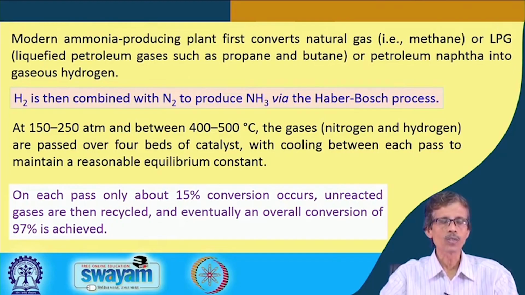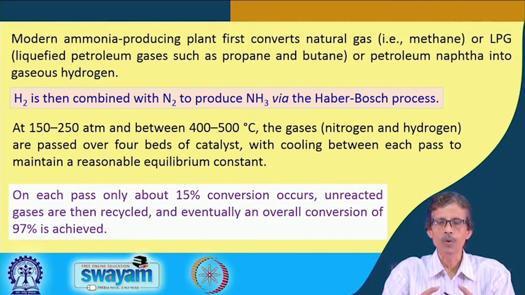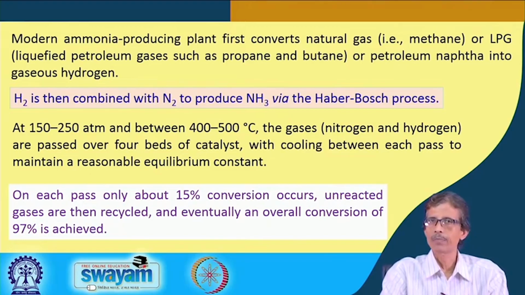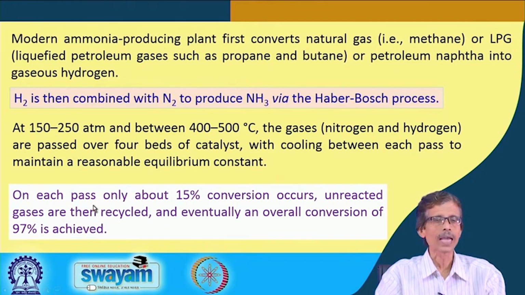If we go stepwise, with the 4 beds of catalyst as well as the recycling process, ultimately a very high conversion rate can be achieved, which we can see from our transparency, that is 97% conversion.